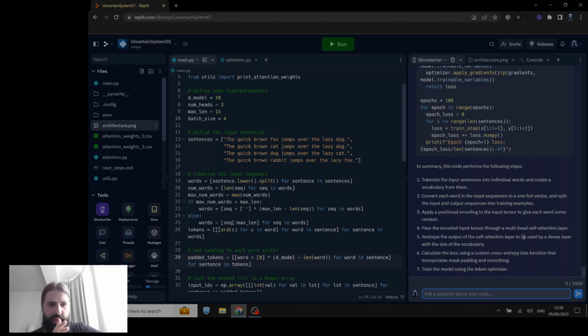That is actually crucial because I think this is really going to help me understand the real gist of how that works for next word prediction. So pass the encoded input tensor through a multi-headed self-attention layer, reshape the output of the self-attention layer.